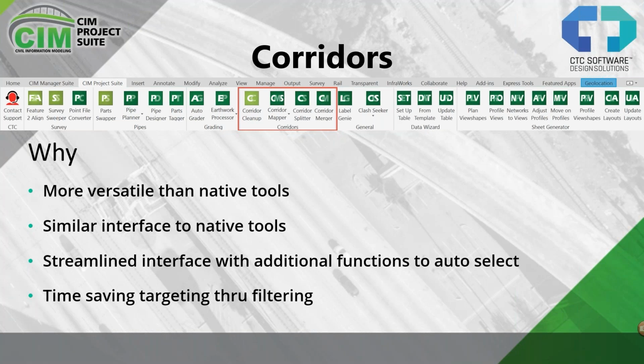A similar interface, meaning that we can get at all of the same functionality and a little more, but I think in a more streamlined interface with additional functions and some auto select functionality in there, which is going to save time targeting through filtering and other things.